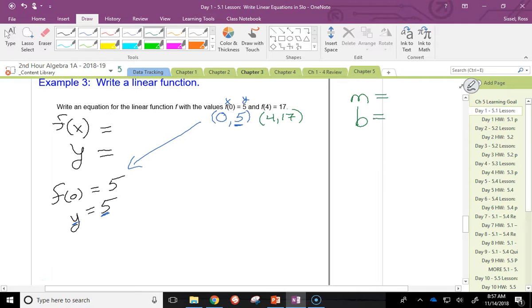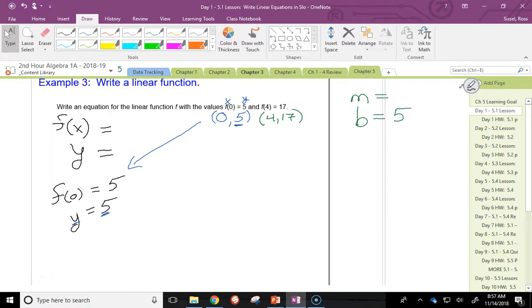How'd you know it was 5? But how come it wouldn't be 17 then? How do you know it's on the y-axis? Because it has no x. Very good, Aaron.